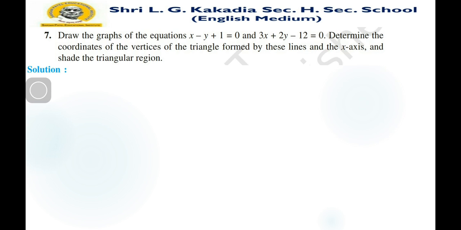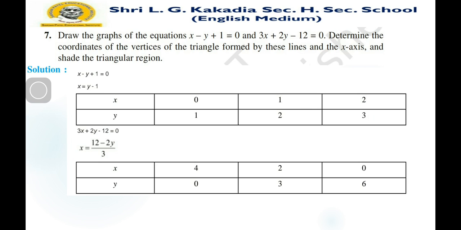So we want to find the vertices of the triangle formed by these two lines. For that we first have to find the coordinates of the points on the given lines.